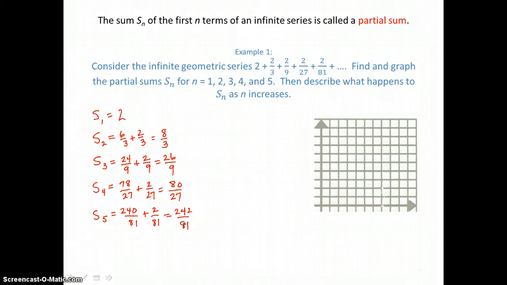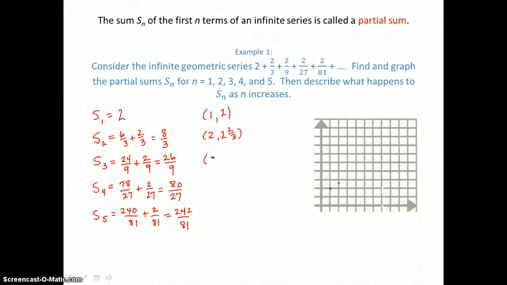Now the ordered pairs that we're going to graph look like this. When n is 1, our sum is 2. So we'll graph (1, 2). When n is 2, our sum is 8/3, or 2 and 2/3. So (2, 2 and 2/3).